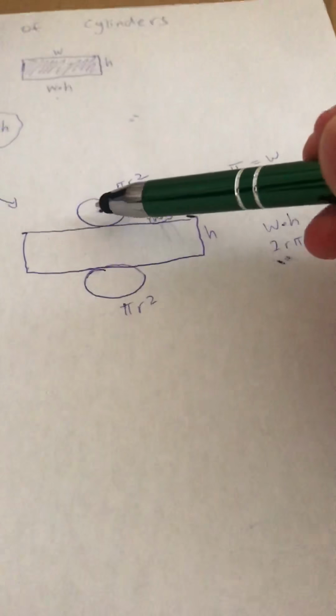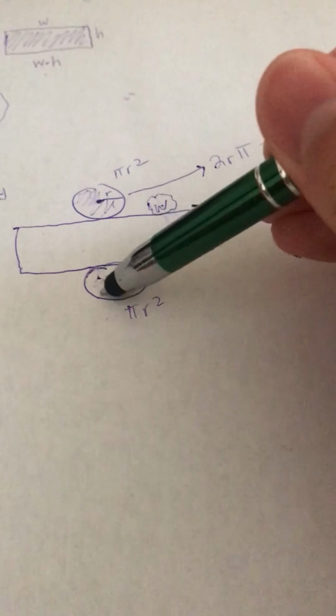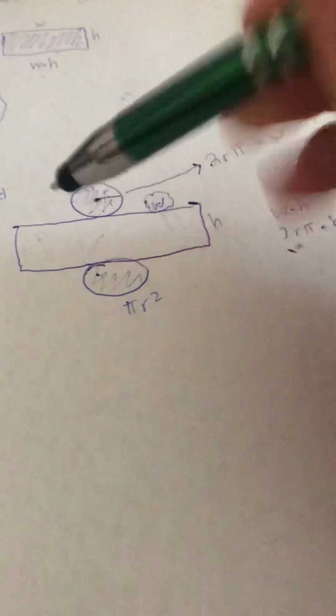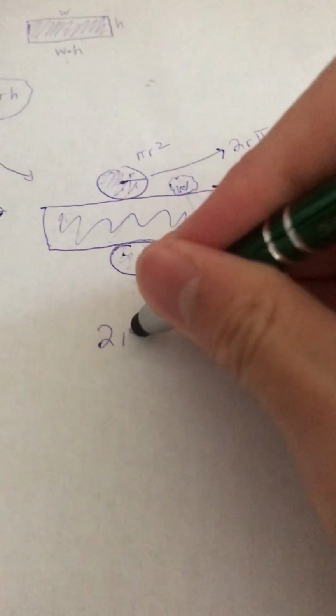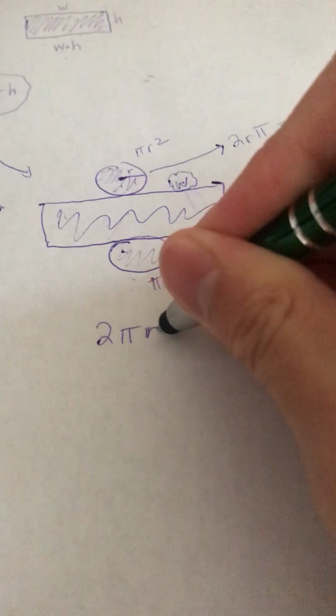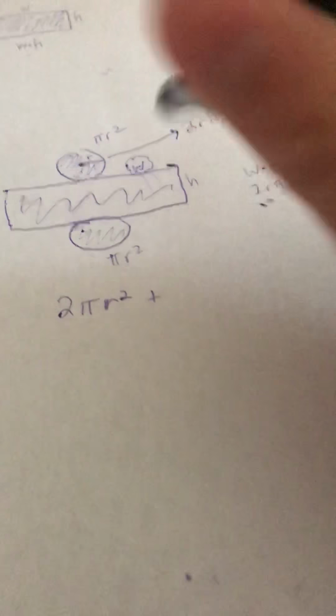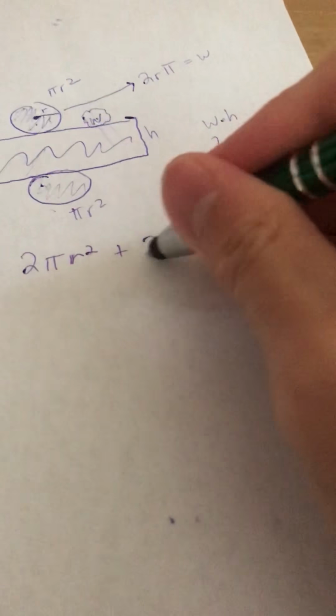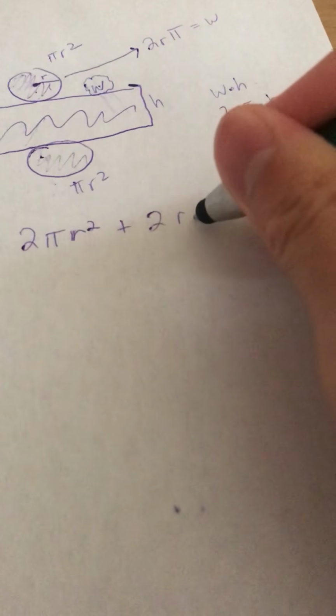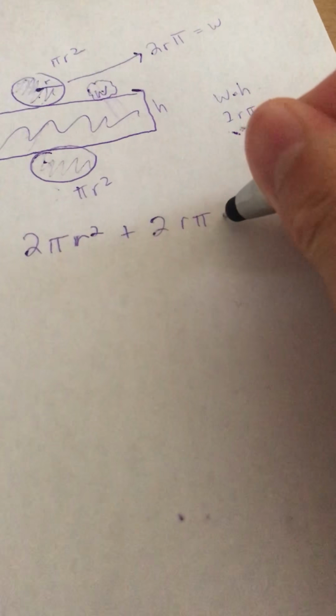So I know what the area of this circle is. I know what the area of this circle is because it's the same. And I know the area of this rectangle. If I add them all up, this circle with this circle, pi r squared plus pi r squared, that's going to be 2 pi r squared. And then I'm going to add the area of this rectangle, which we know is 2r pi times height.